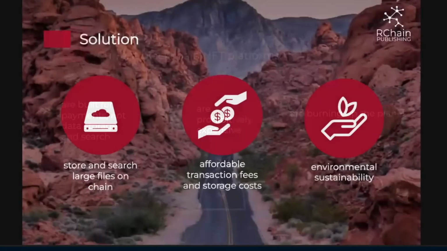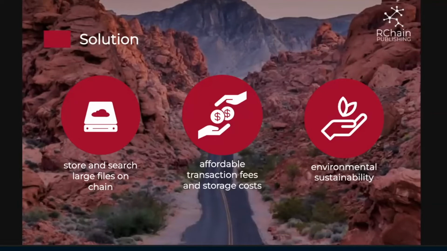So the solution that we're providing is to store and potentially search large files on chain with a very affordable transaction fee and storage cost mechanism that's environmentally sustainable. And this seems to be gelling quite well with people that we talk to. I won't mention names, but we have a number of creative artists who will be helping us shape that journey so that the software that we create, the dApp that we create, will have had their input.